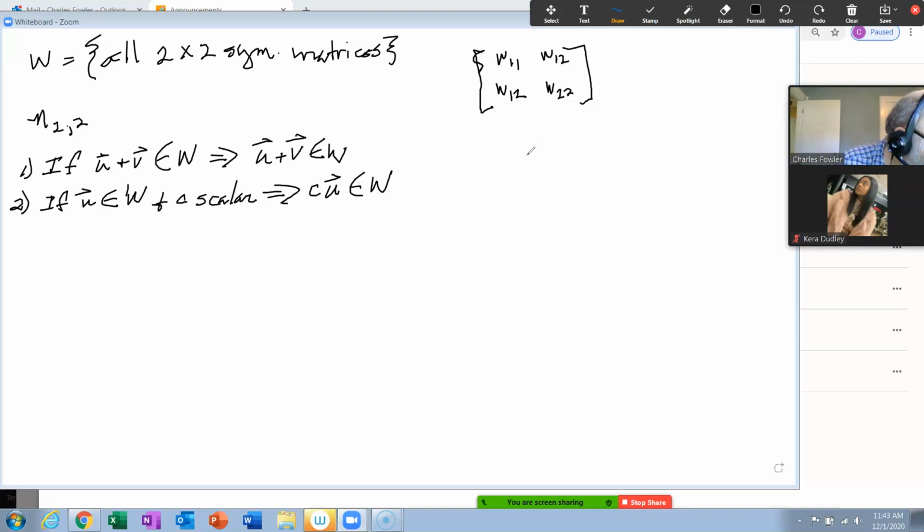What we're going to do is assume that A1 and A2 are in W. A1 and A2 are both in your subspace W. So obviously it's not empty.